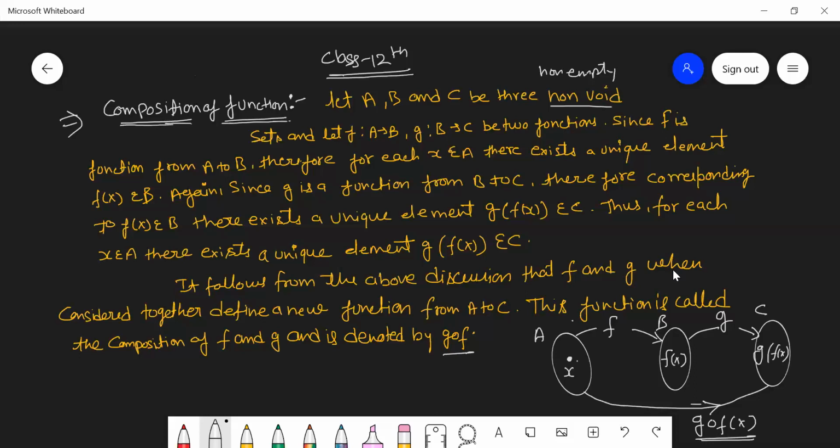Similarly, we can define fog(x). So we have gof and fog.